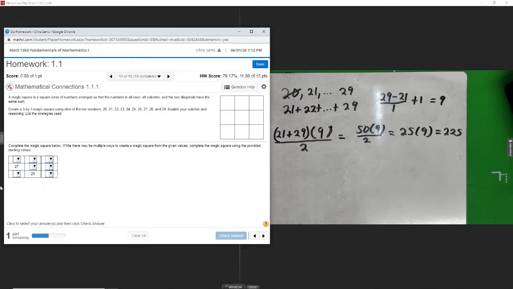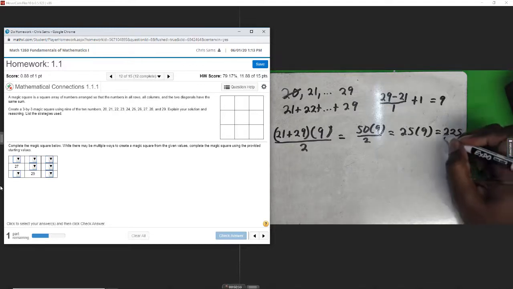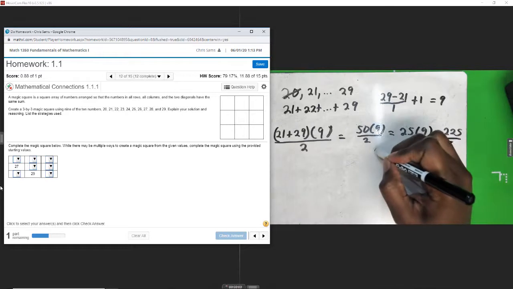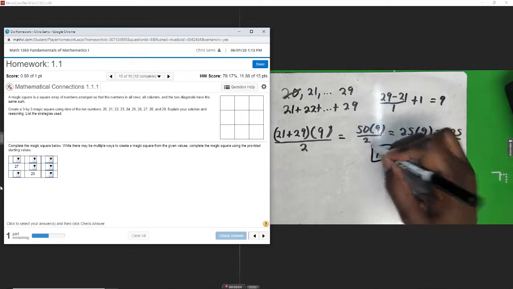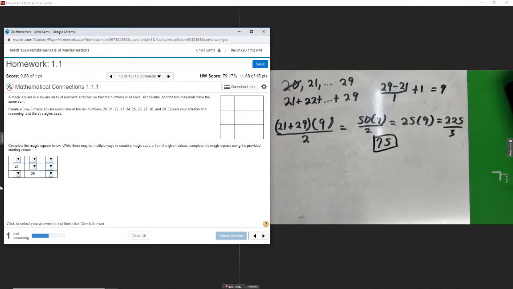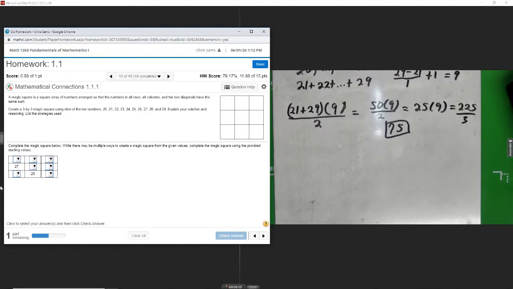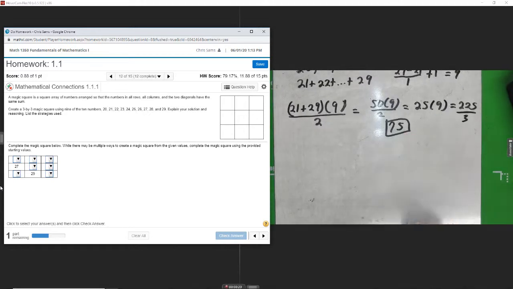And we're trying to find the sub goal. So you divide that by 3, and that gives us 75. So our subtotal that we want every row, every column to add up to is 75. Because that comes out to a nice even whole number when divided by 3. That lets me know that 20 is the number that we get rid of. And so we're going to try to get everything to equal 75.